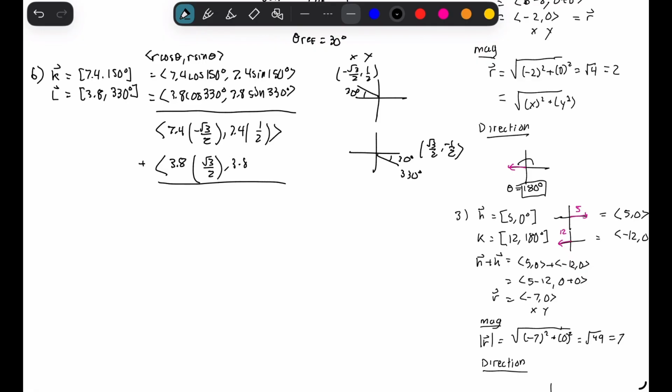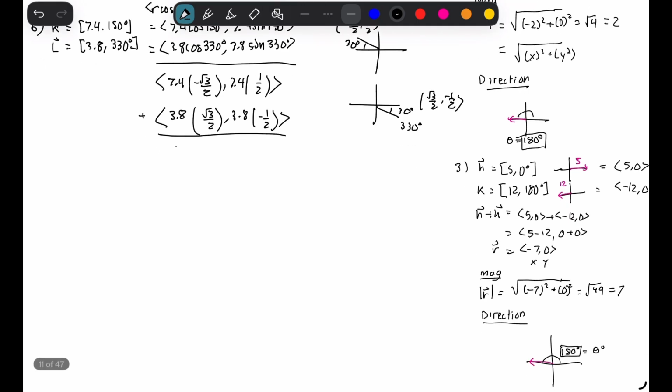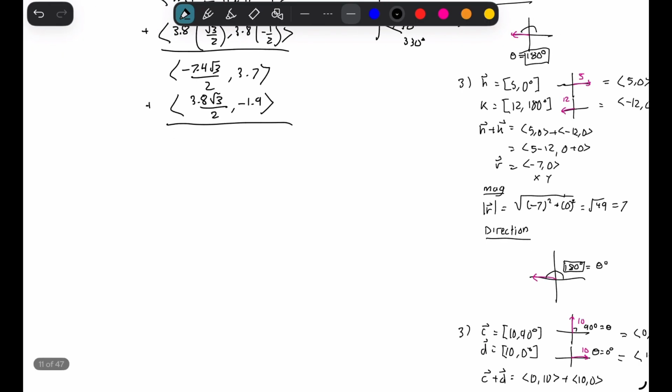This is 3.8 sine, negative 1/2. So here you're going to get 7.4 times root 3 over 2, 3.7. And then this will give you negative 3.6.